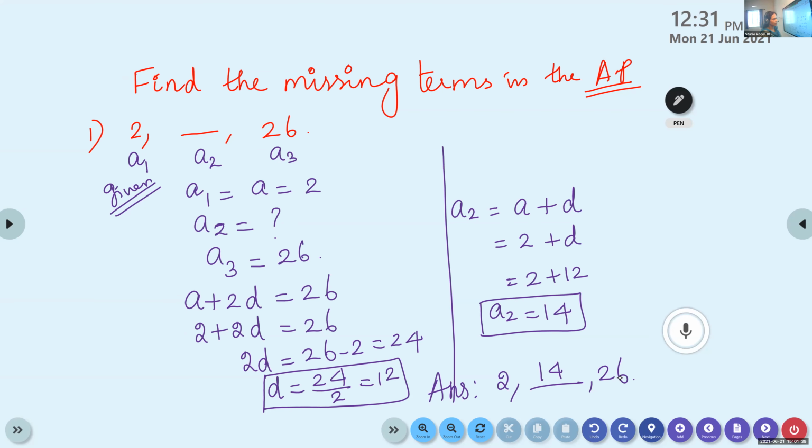Is it okay, Meghna? Is the method okay? Hadi Amin, okay?